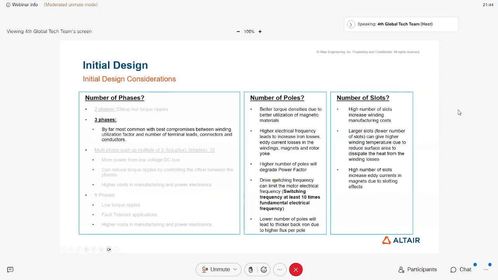So number of phases. Once again, we don't used to see a lot of two phases or multi-phase synchronous reluctance machine.